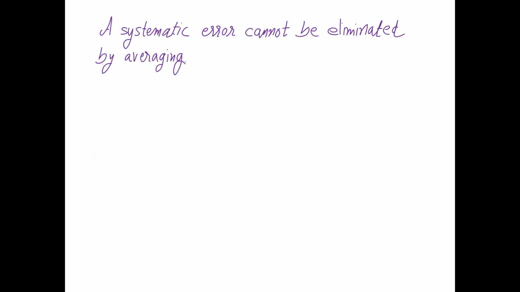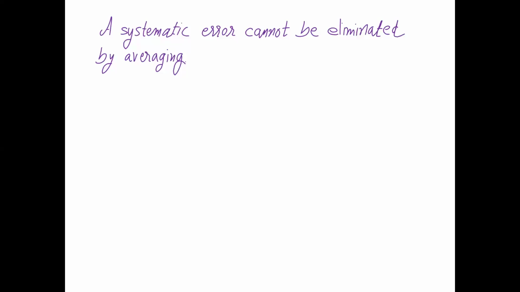Do not just memorize, like saying okay, fine, zero error is systematic. No, this is not the way. If zero error fluctuates, then it is not a systematic error. It can be a random error.